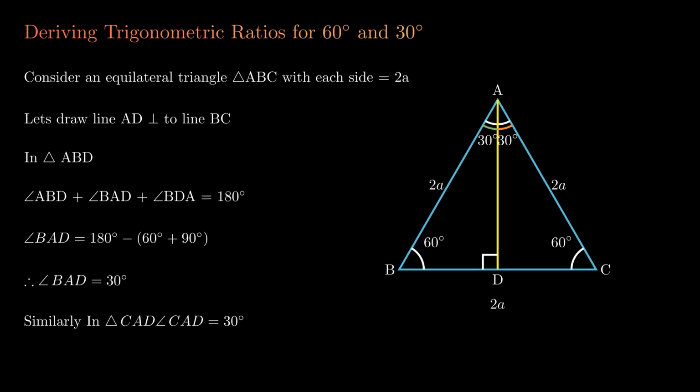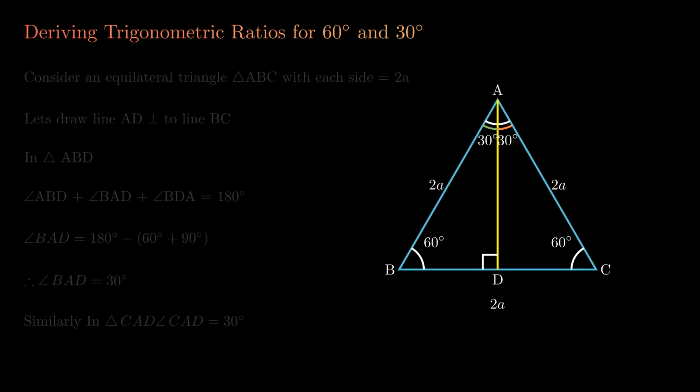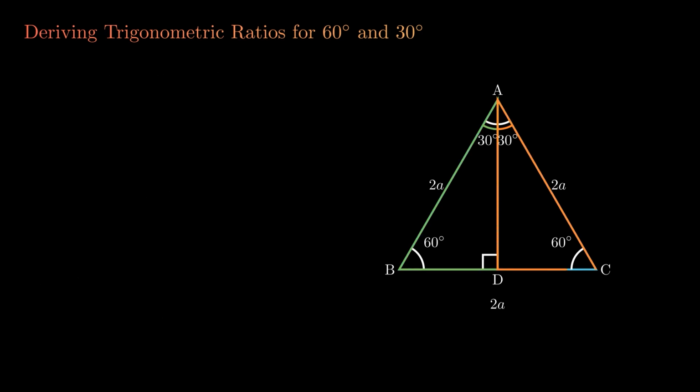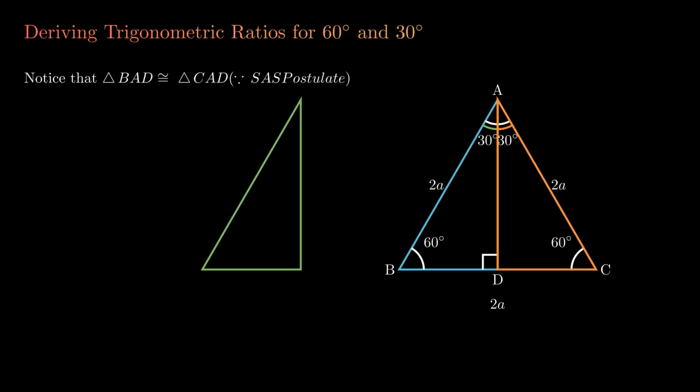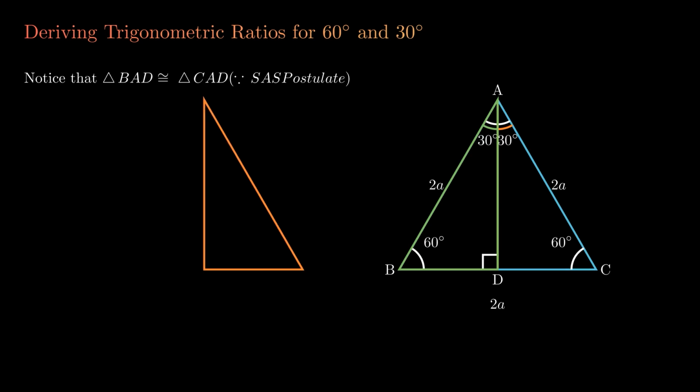Notice we have split the original equilateral triangle ABC into two right angle triangles ABD and CAD. And also notice these two triangles are congruent. What I mean by congruent is if you overlap them one over the other, they match exactly, right? So the green triangle here exactly overlaps with the orange one here. These two are identical copies, I can say.